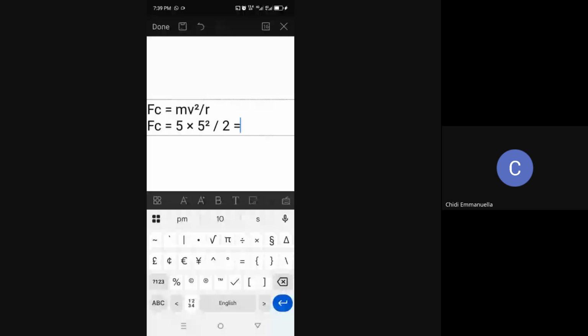The mass in the question was 5. Velocity was given also to be 5. That is 5 times 5 square. Radius was given to be 2.